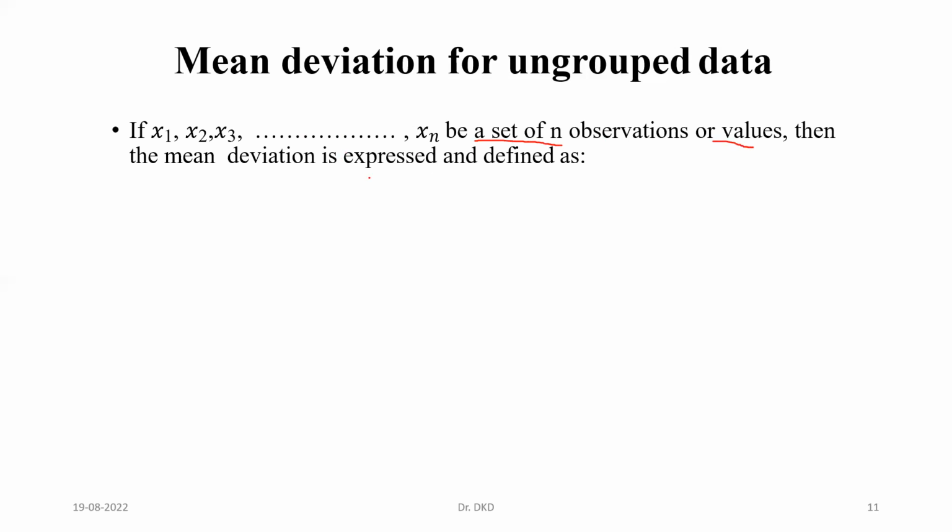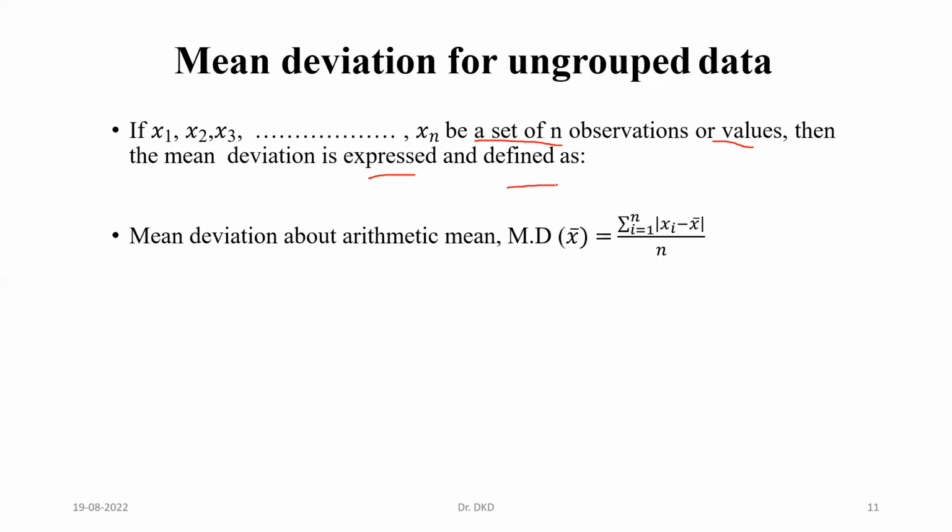Then the mean deviation about the arithmetic mean is defined as the summation from i equal to 1 to n of the modulus of xi minus x bar, divided by n. When we take the modulus of values that are negative, we ignore the negative signs.